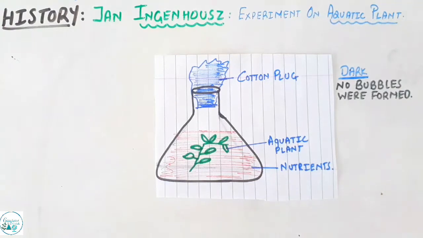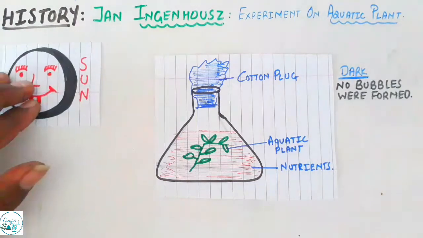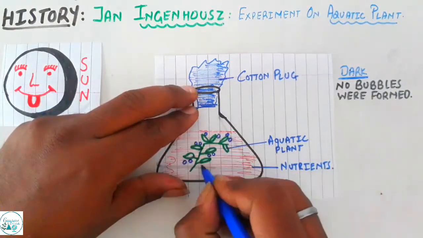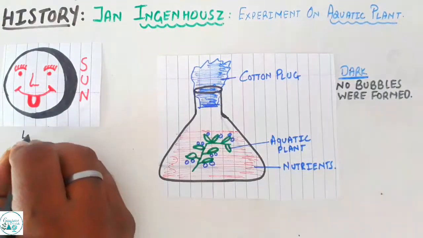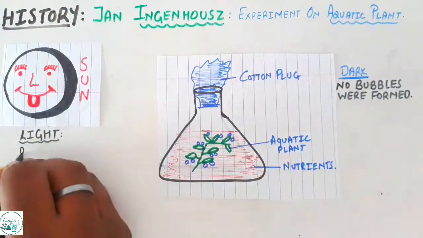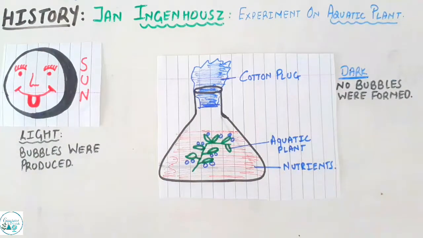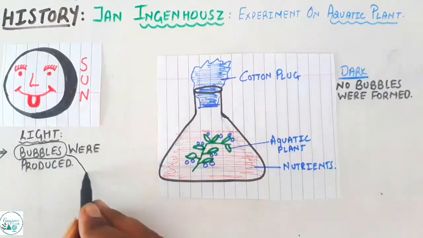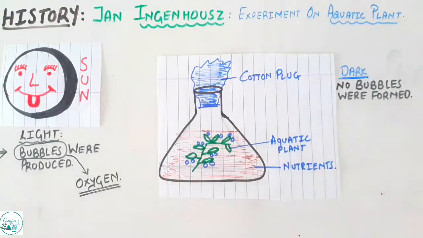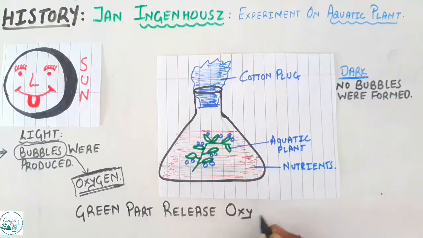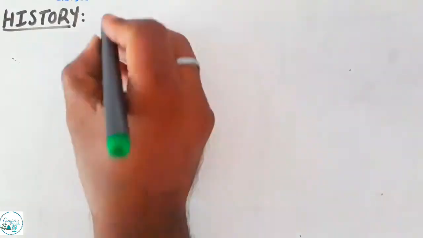But if the same setup was placed in the daylight before the sun, it was found that bubbles were produced around the leaf. During the light, bubbles were produced around the leaf, and later on it was found that the bubbles were of oxygen. Thereby, Ingenhousz concluded that green parts of the plant are necessary for releasing oxygen.